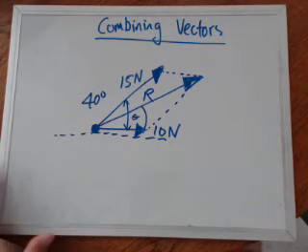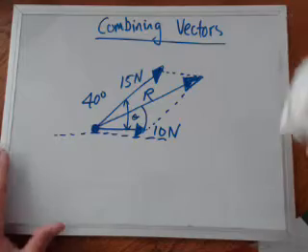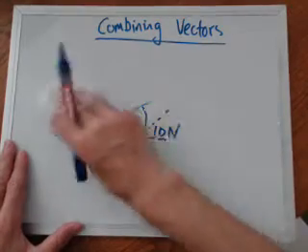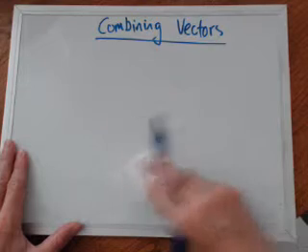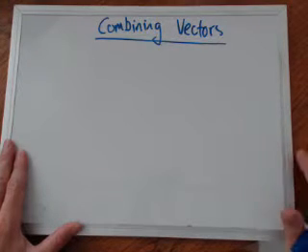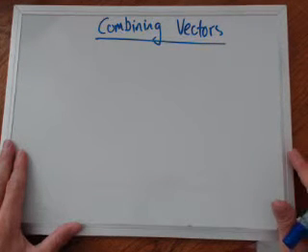Now, often in the case with vectors, they are given at right angles to each other. It's a very, very useful idea. It makes the mathematics a bit easier.